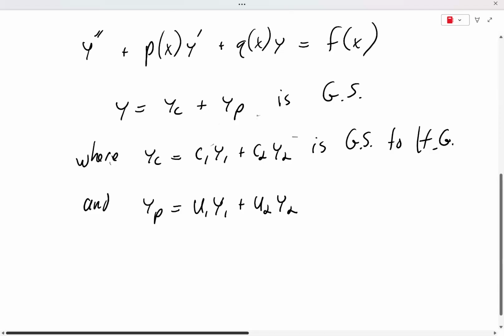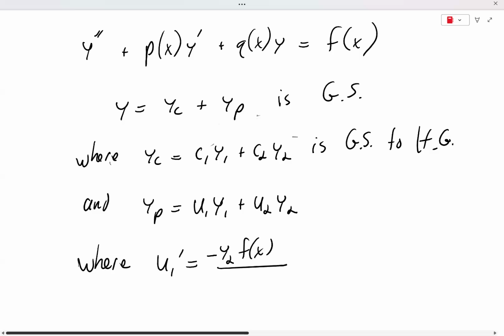Okay, and then now for the u, u1 prime is equal to a little formula for it. It's negative y sub 2 f of x over W. We have to define W next.